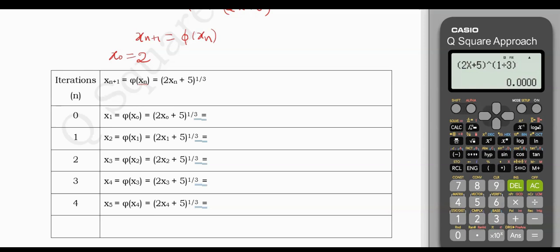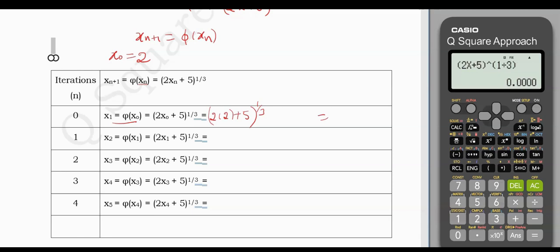In the first approximation, x1 is equal to phi of x naught, which is equal to (2x naught plus 5) whole power 1 by 3. Here x naught is 2, so (2 into 2 plus 5) whole power 1 by 3.